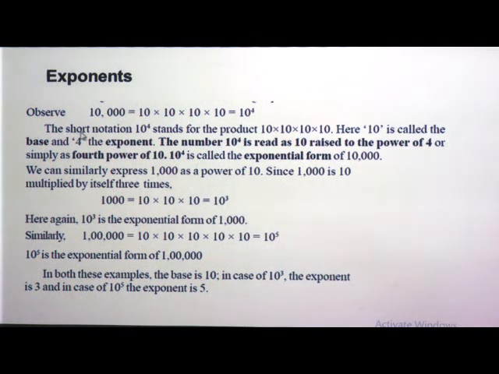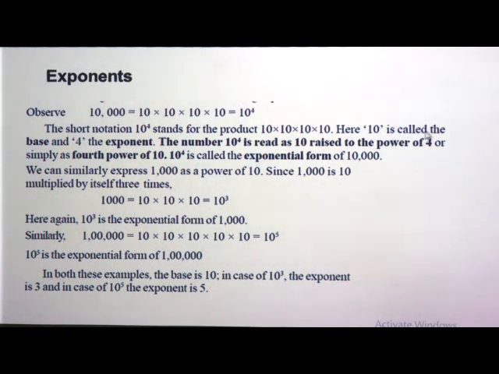The short notation 10 raised to 4 stands for the product, which is nothing but the multiplication of 10 four times: 10 multiplied by 10 multiplied by 10 multiplied by 10, written as 10 to the power 4.